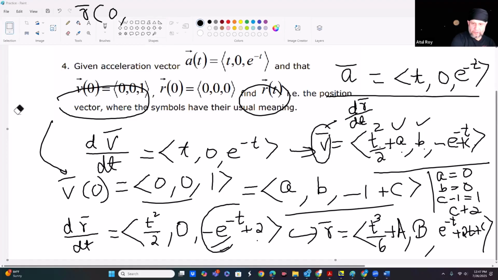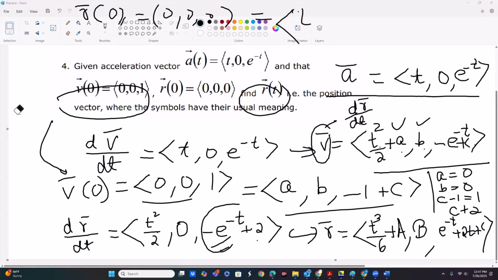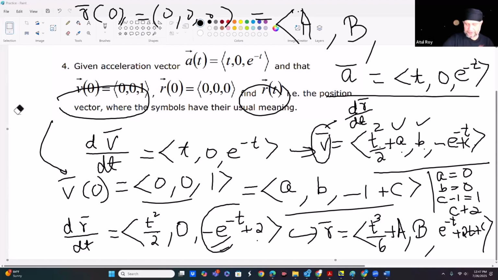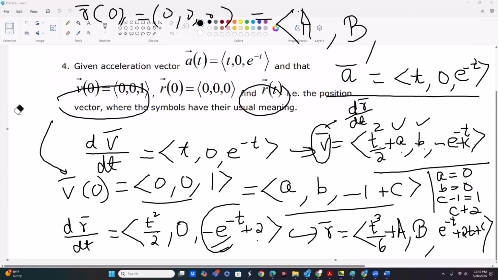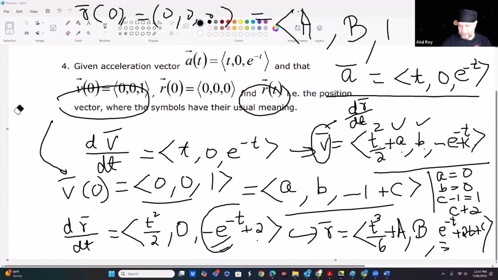Now, help me with big A, big B, and big C, because you know that R at 0 is 0, 0, 0, right? And if we substitute those in there, what do we get? Zero for A, and 0 for B also, right? Here we will get a 1, and this will become a 0, and this would be a C, right?